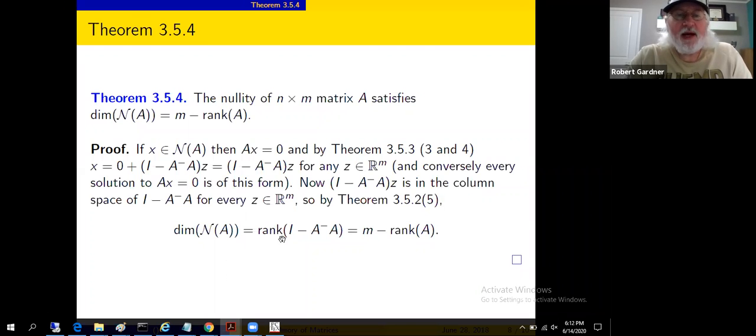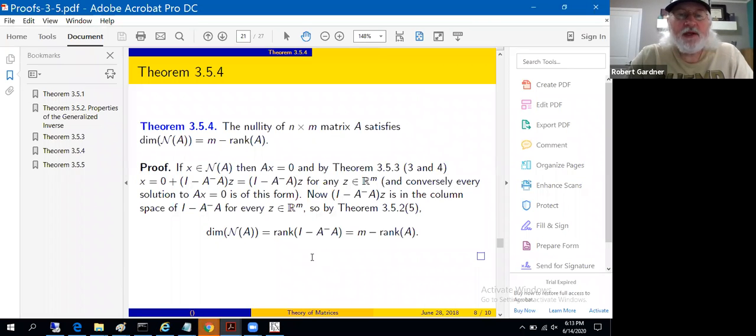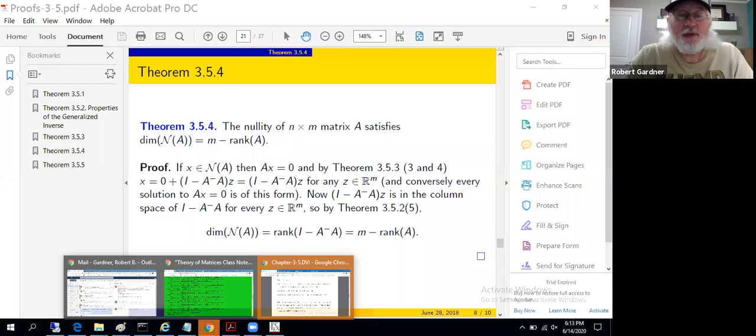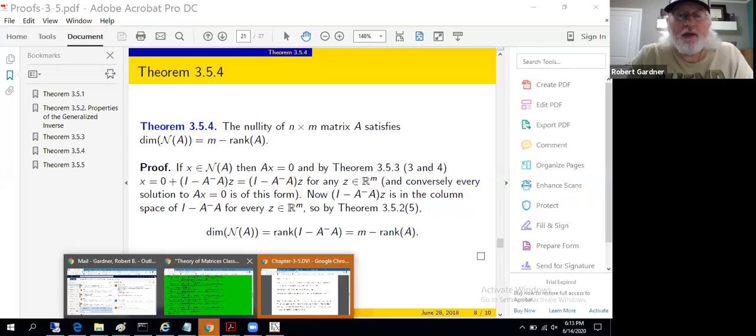So we can tie these two together by the observation that elements of the null space are elements of the column space of this matrix. So the dimensions are the same for those two spaces. And by theorem 3.5.2 part 5, this rank equals m minus the rank of A. So we can relate the dimension of the null space to the number of columns, and that gives us, as commented, the rank-nullity equation.